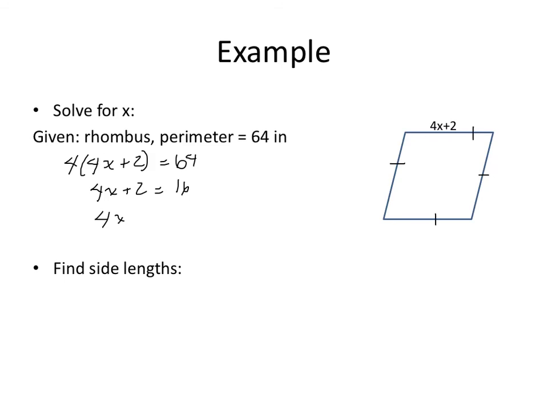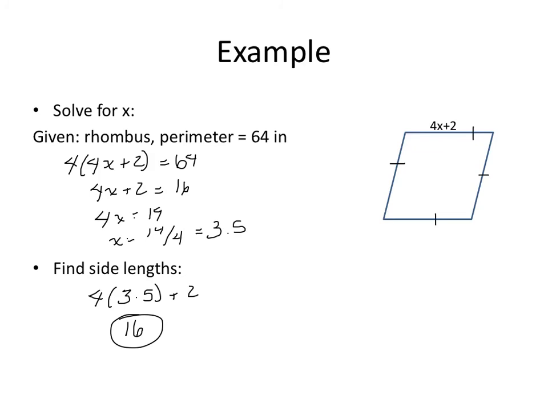So 4x is equal to 14, and x is equal to 14 fourths, which is 3.5. Now we can find our side length. So 4 times 3.5 plus 2 means the side length is 16, however many units that is.